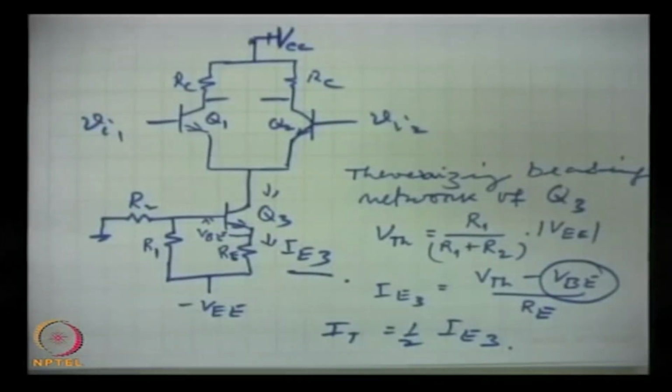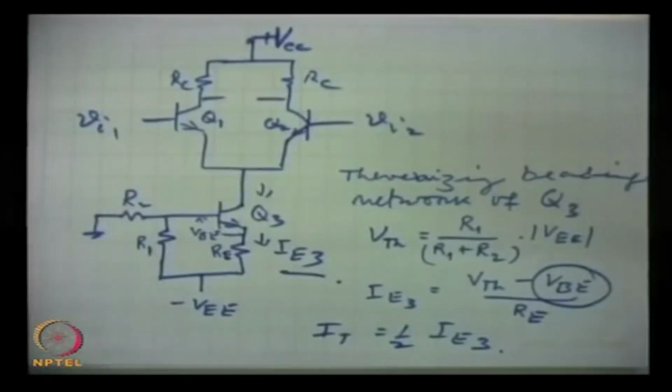And so, one better arrangement is if we replace this resistance R1 with 2 diodes.